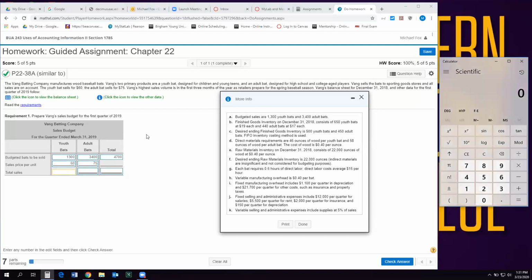Our total sales will just be the number of bats times the price per bat. 1,300 times 60 is 78,000 for the youth bats. For the adult bats, 3,400 times 75 is 255,000. So our total sales will be 255,000 plus 78,000, or 333,000.